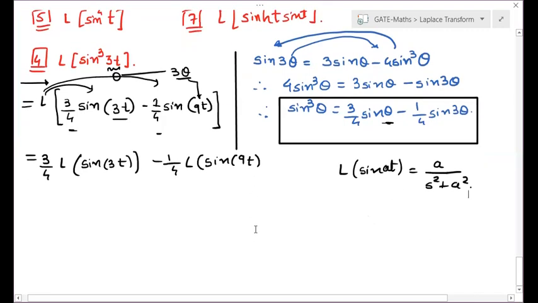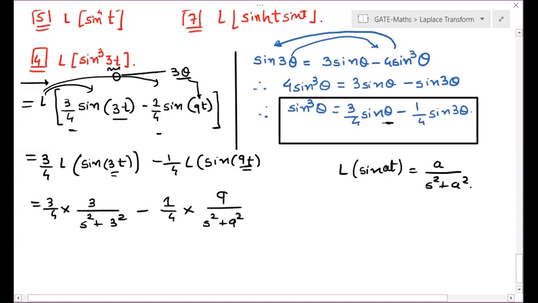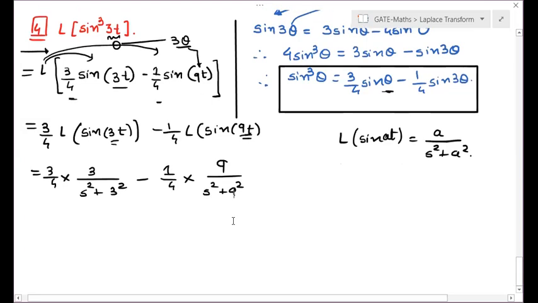So this will be your 3 by 4. Here instead of a we are having 3. 3 divided by s square plus 3 square, minus 1 by 4. Instead of a we are having 9. So it is 9 divided by s square plus 9 square, is equal to 3 3s are 9 by 4, and this is also 9 by 4.